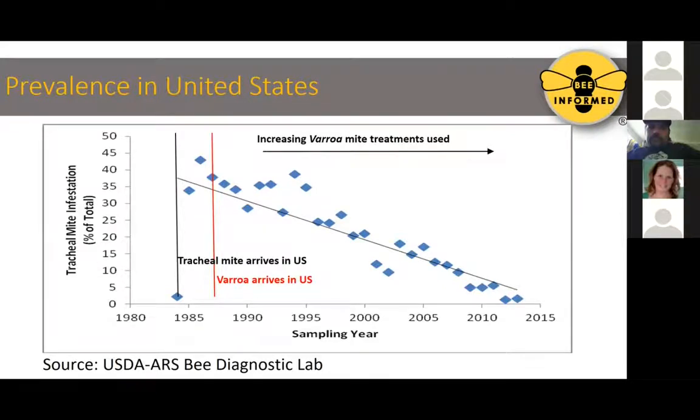And the thought, as we look at the blue dots, this trend line down to zero, is that in being forced to treat for the Varroa mites, beekeepers were actually killing the tracheal mites as well.